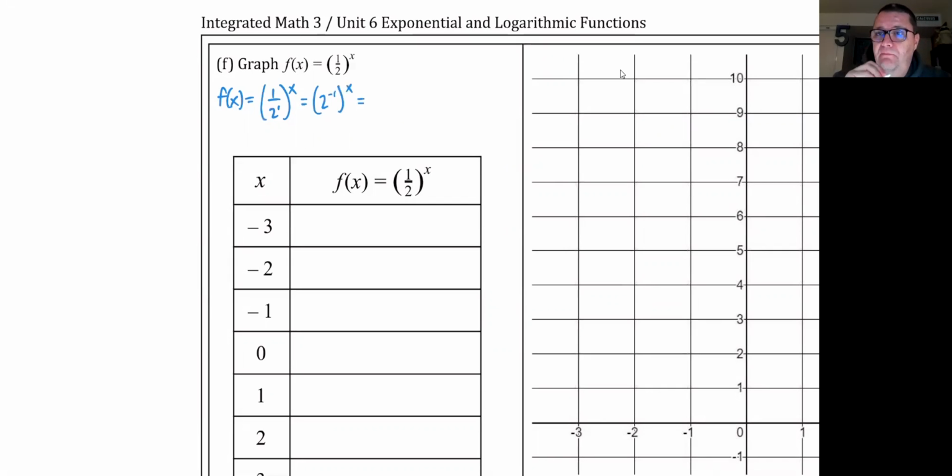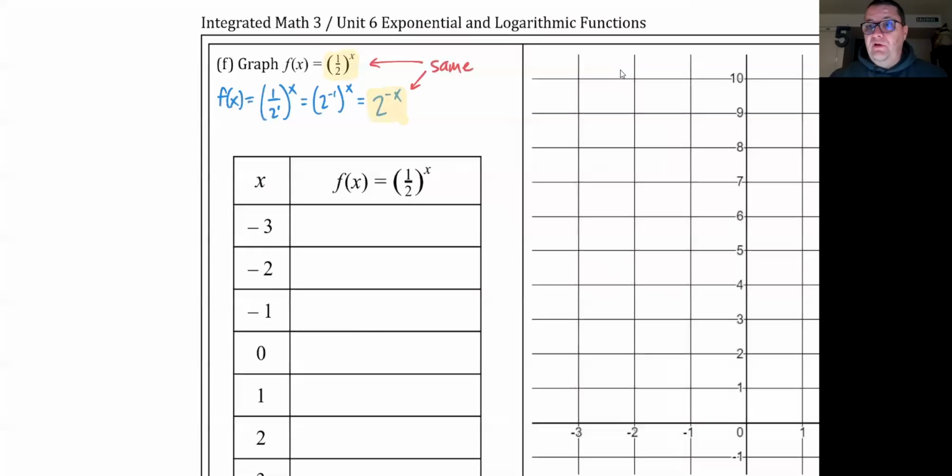And then rules of exponents say power to a power, we multiply the power, so 2 to the negative x. So it turns out that these two expressions, which I'm going to highlight right now, this one and this one, are actually equivalent. Okay, these are the same.